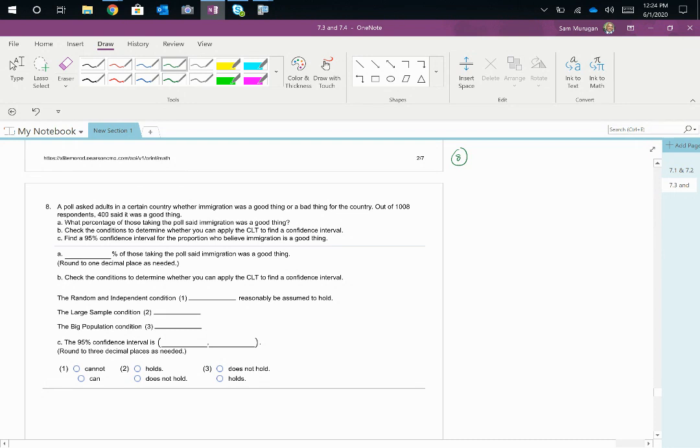What percentage of those taking the poll said immigration was a good thing? So good thing is 400 divided by 1008. Calculator.